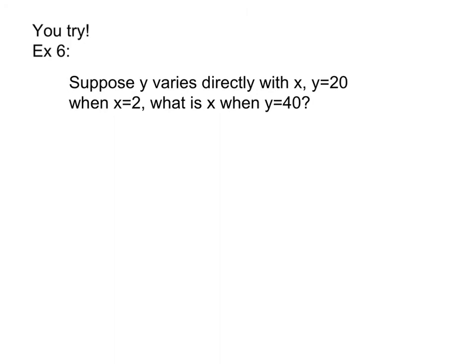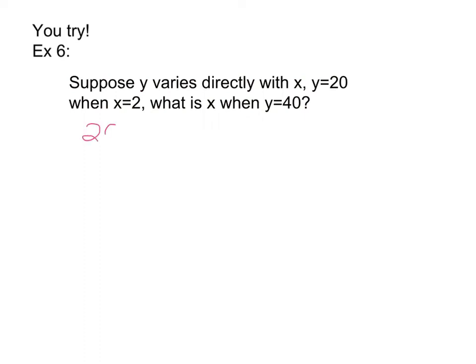So example 6 is a you-try problem, and it says, suppose y varies directly with x, y is 20 when x is 2, what is x when y is 40? So solve for x, and then press play to find out if you got the right answer. So let's solve for k.